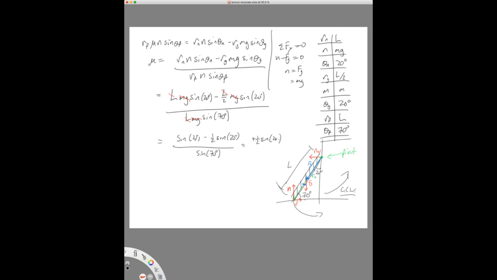So when you have something and you subtract off half of that something, you still have half of it left. And then we divide that by sine of 70. So let's see what we get.